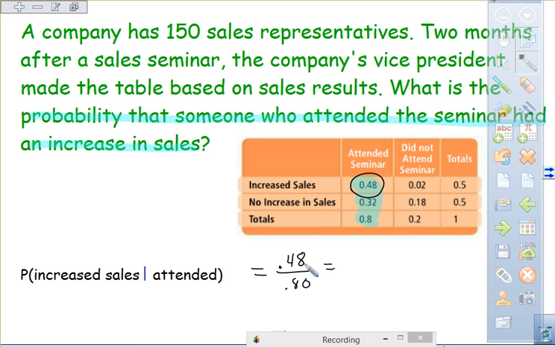So if I reduce this, this gives me 60%, which tells us the more training a person has in this company, the more sales they're going to have, which would make the company CEOs feel that training is important for their employees.